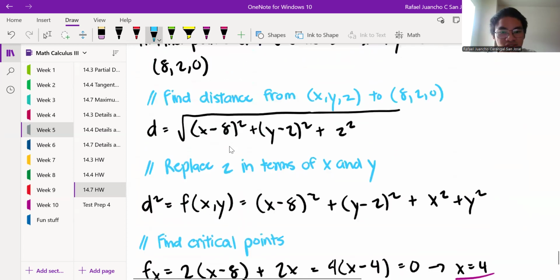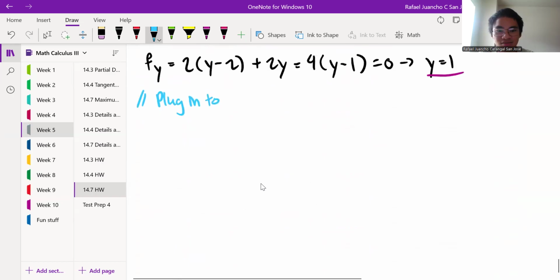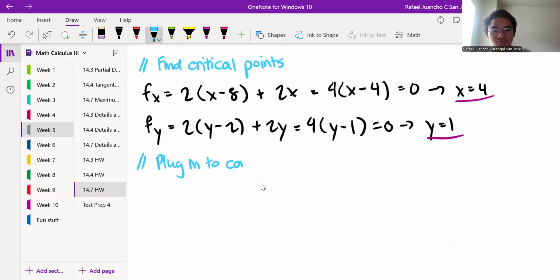I think it was a distance, right? Oh no. So here's the difference. It's not asking for a distance. It's asking for points on that cone. And so I just want to plug x and y into that cone, or not cone, let's make it general, the surface equation, because I want to find points on that cone closest.